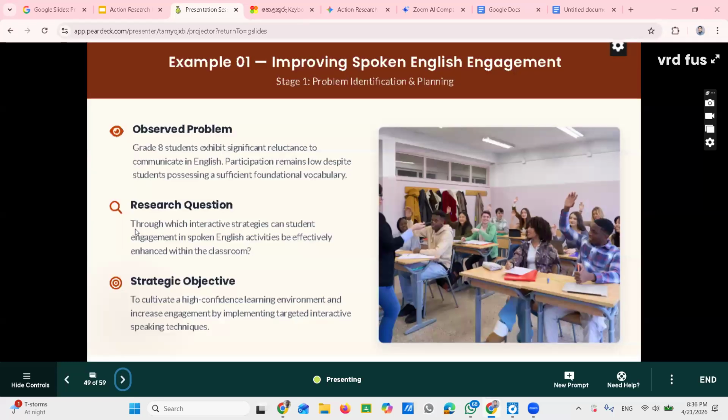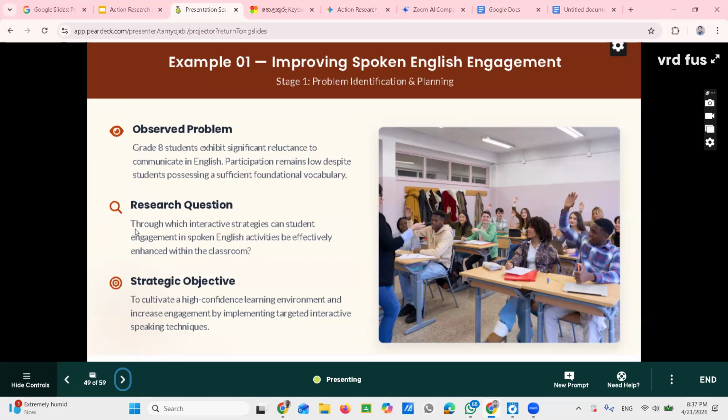Then look at the next slide. One example here. When you are considering the problem, you first identify it as the observed problem. Later, you can convert this observed problem into a research question.